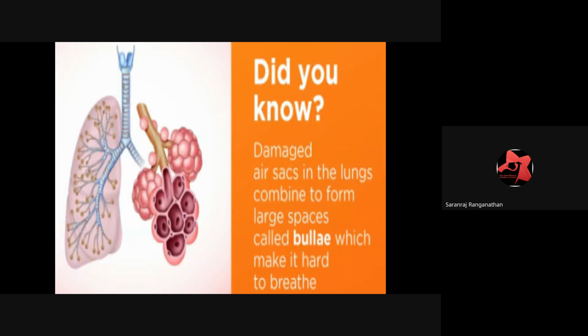Another condition is bulla. I said that alveoli will be there, so many alveoli. Because of any damage, those alveoli get combined and create one mass-like structure, which is called a bulla. The individual alveoli are connected and combine to form a large space called a bulla.